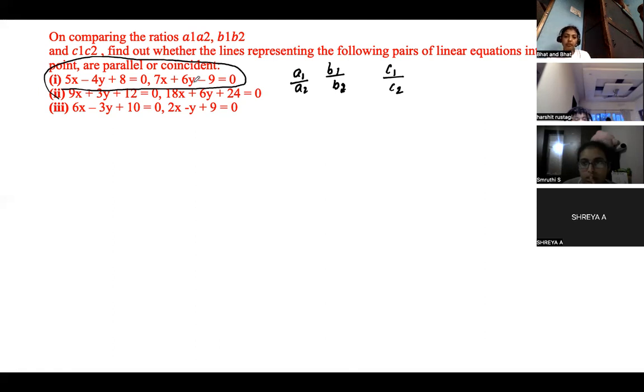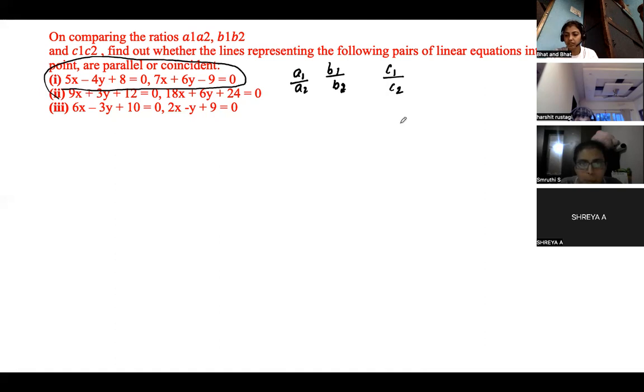If A1 by A2 is equal to B1 by B2, which is equal to C1 by C2, then they are coinciding lines. That is, one is sitting on the other line. And if A1 by A2 is equal to B1 by B2, but it is not equal to C1 by C2, then they are parallel lines, correct? So these things we have seen.